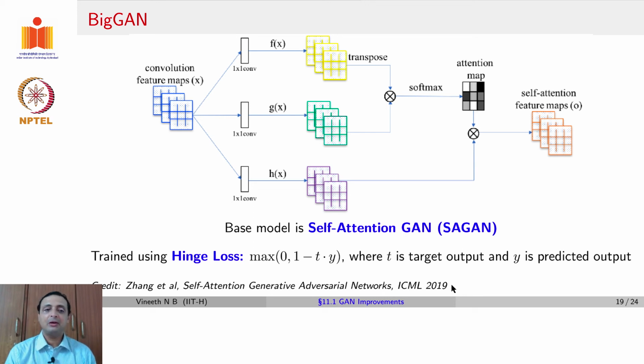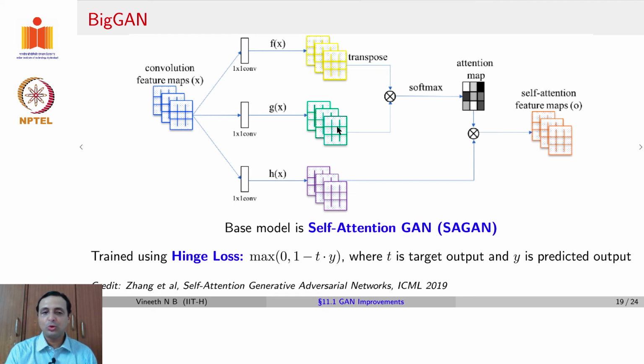It's the same idea here, where you have a set of convolutional maps as the output of a particular layer in the generator. This goes through multiple 1x1 convolutions. Certain 1x1 convolutions undergo transformations and are transposed to obtain an attention map. These three branches are very similar to the query, key and value of the transformer architecture. You could consider them to be similar at least.